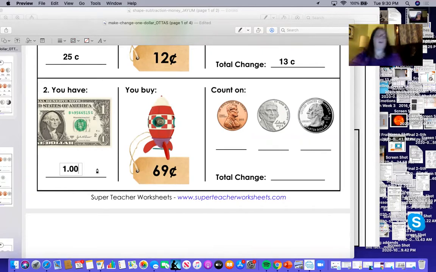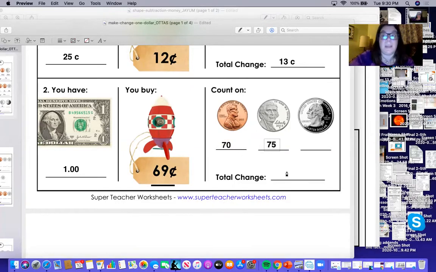All right, so we have $1. We buy something for 69 cents. They're very nicely having the money already here for us. But essentially you're counting up until you get to your 5s or 0s, right? So if we add one more, then we'll get to 70. And then if we add a nickel, we'll get to 75.